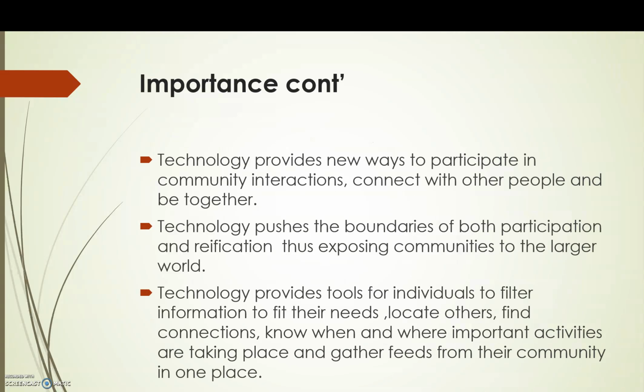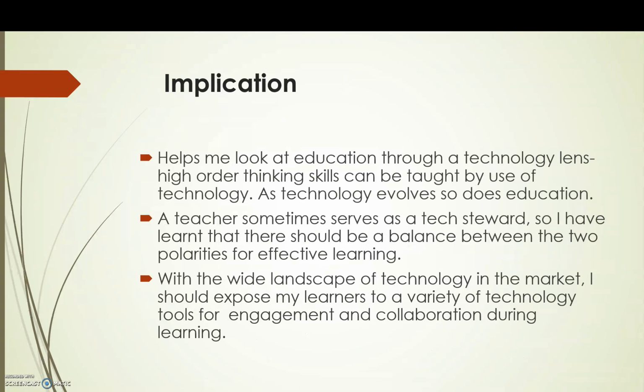Technology also provides new ways to participate in community interactions. It pushes the boundaries of both participation and reification, thus exposing communities to the larger world of technology and interactions. Then lastly, technology provides tools for individuals to filter information so that they are able to know where their needs are. They can locate others and find new connections.